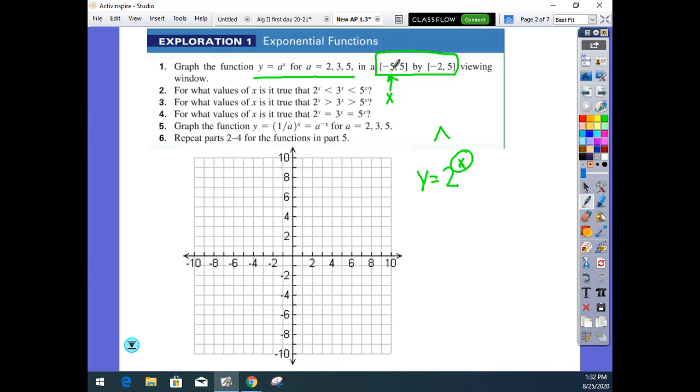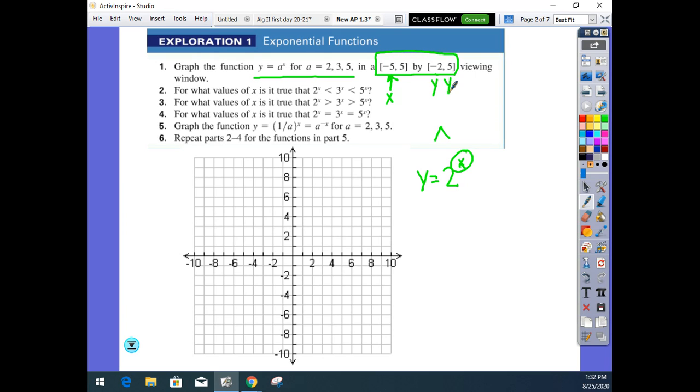So you want your x min to be -5. Use the negative on the very, very bottom right. X max is 5, and always do a scale of 1. Then this is going to be your y min, your y max, scale of 1. Push graph, which is the far right gray button.